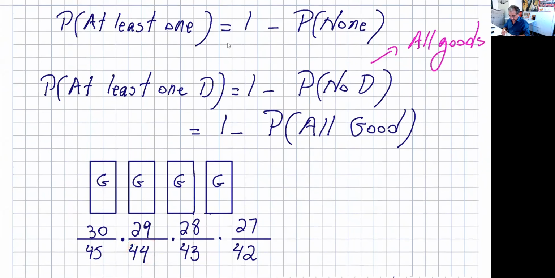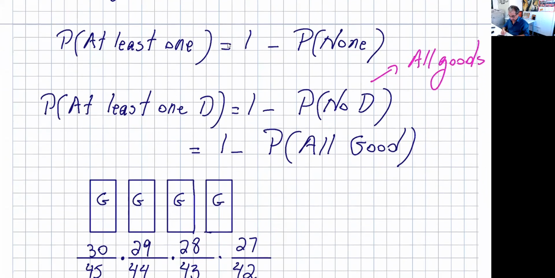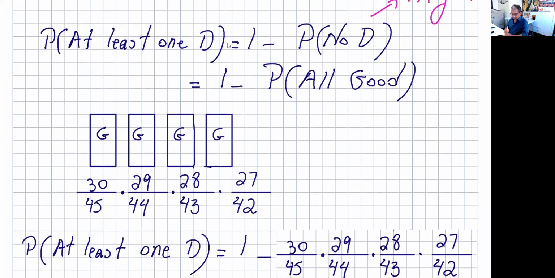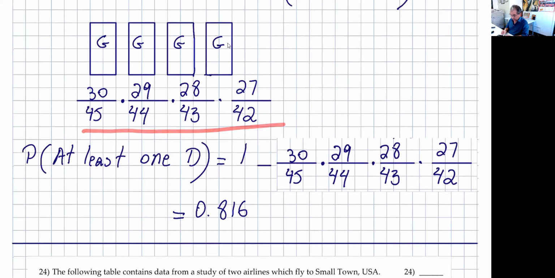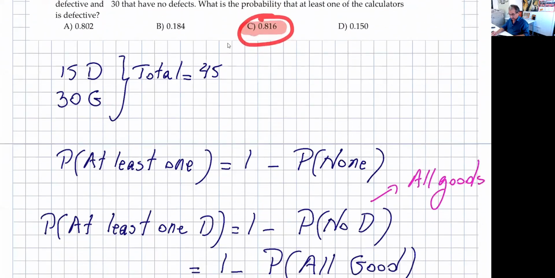The probability of the second one to be good is 29 out of 44. The third one is 28 out of 44. And finally, the last one is 27 out of 42. P of at least 1 defective is 1 minus all that. And if you use your calculators, you get 0.816. And the answer is C.